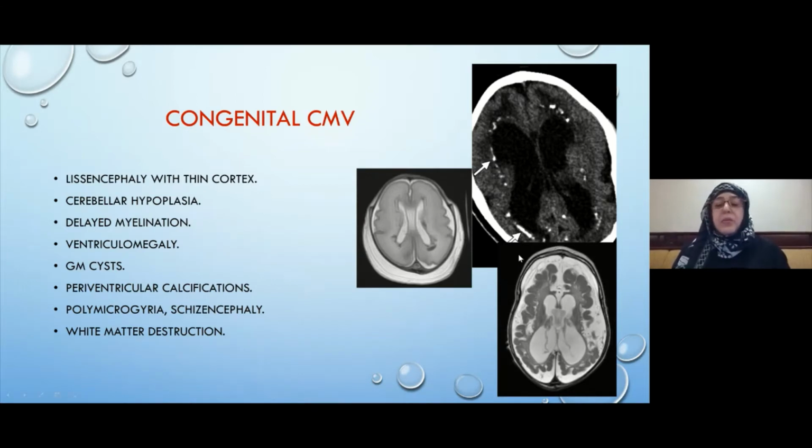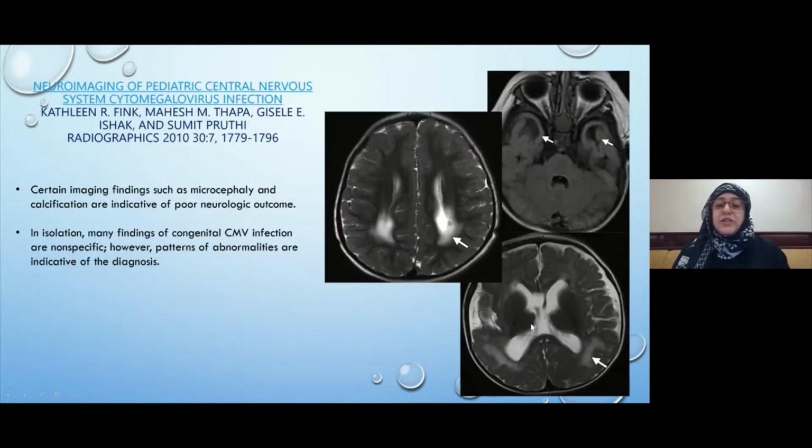In any case, we commonly see intracranial calcifications that are usually periventricular, as well as white matter involvement. The white matter involvement can vary from severe necrosis to just signal changes like we see in these cases. The differential diagnosis would be metabolic diseases or other congenital anomalies secondary to genetic diseases.